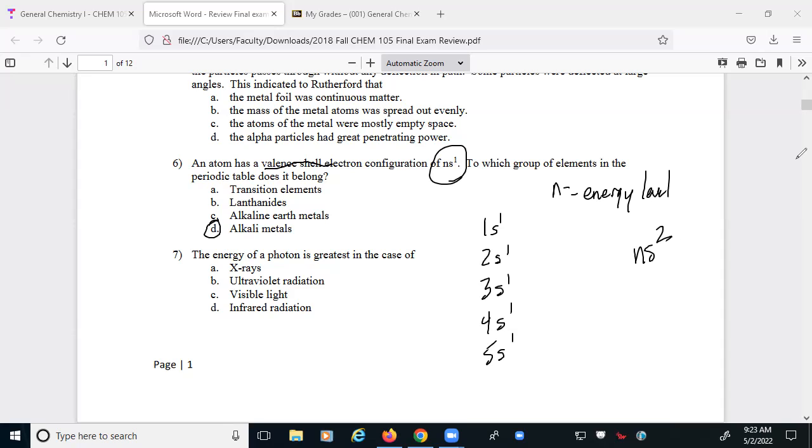Do you know where the noble gases are? Do you know the difference between a main group element and a transition metal? Those little things, stuff that we talked about in passing in chapter 3 when we did the entire periodic table, are the kinds of definition things that can come up.